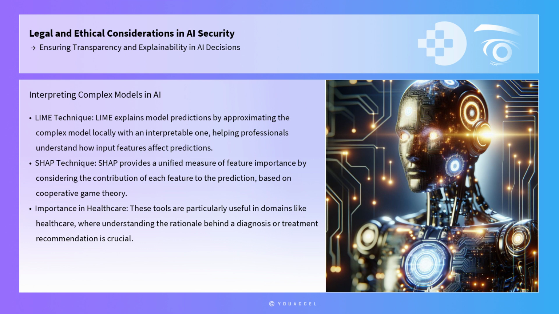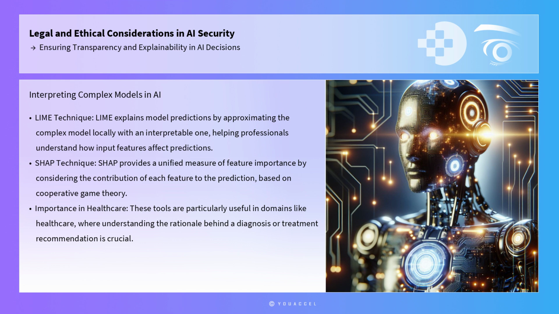For more complex models, like deep neural networks, which are often treated as black boxes, techniques such as Local Interpretable Model-agnostic Explanations and Shapley Additive Explanations can be utilized. LIME explains model predictions by approximating the complex model locally with an interpretable one.